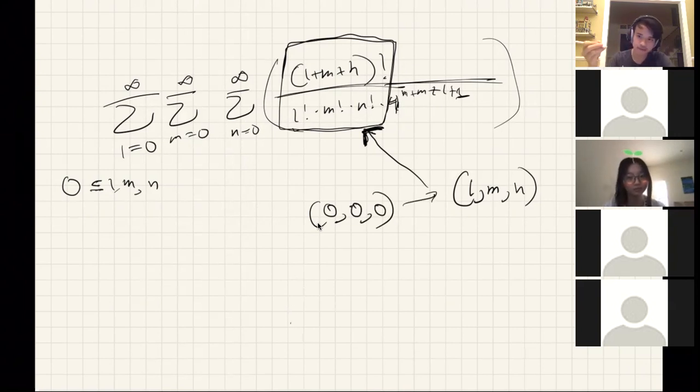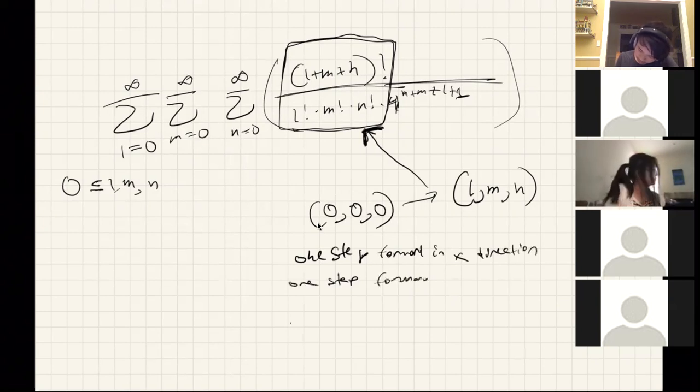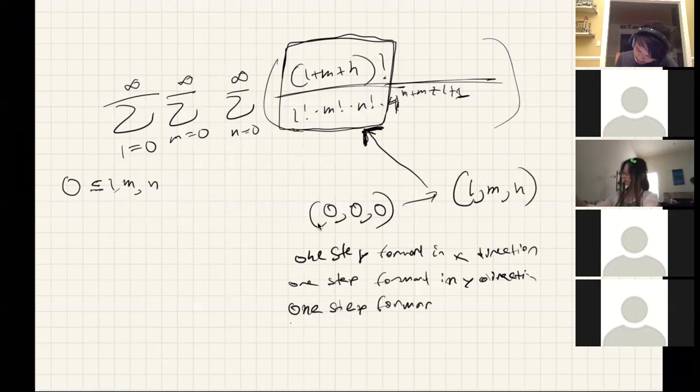Each step, you're going to go one step forward in the x direction, one step forward in the y direction, or one step forward in the z direction.